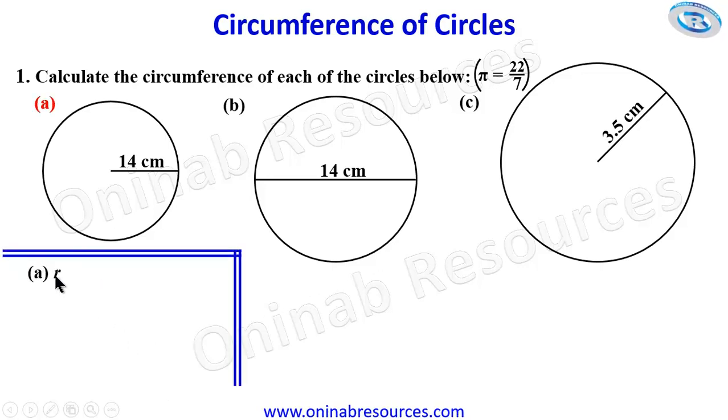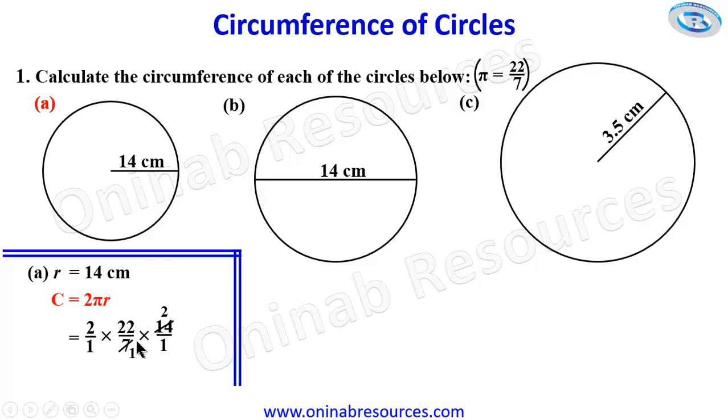From A, we are given the radius to be 14 centimeters, and our circumference here is 2 pi r. We're using 2 pi r since we are given the radius. So substituting in the value of the radius and pi, which is 22/7, we have 2/1 times 22/7 times 14/1. 7 goes into 7 gives 1. 7 goes into 14 gives 2. 2 times 2 gives 4.